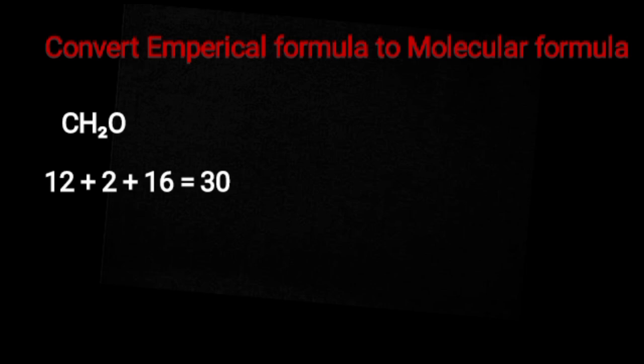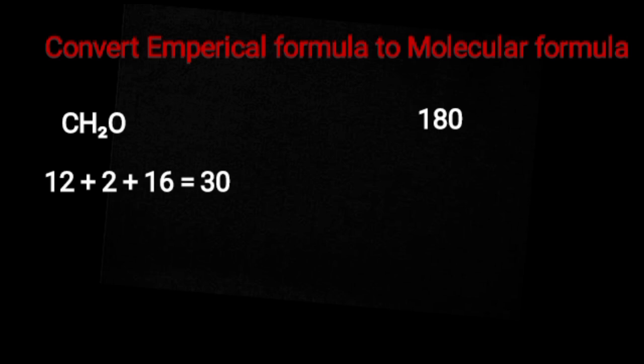We are trying to find the molecular formula, but for us to find it, we need the molecular mass, and it will be provided with the question. For this particular empirical formula, the molecular formula mass is equal to 180.